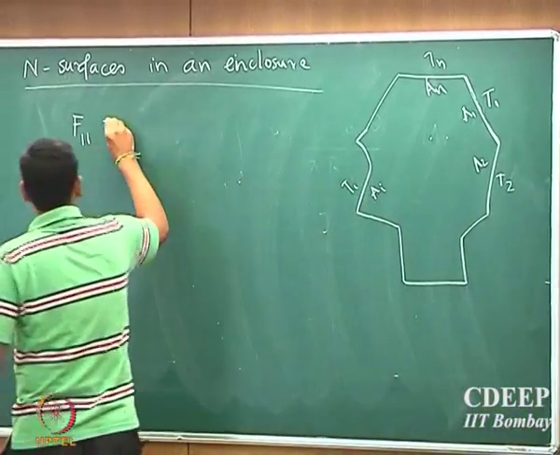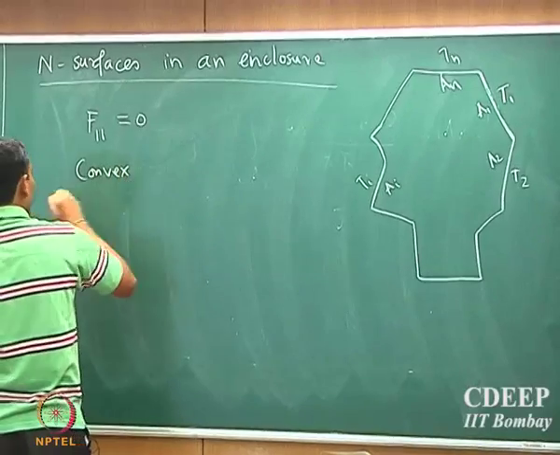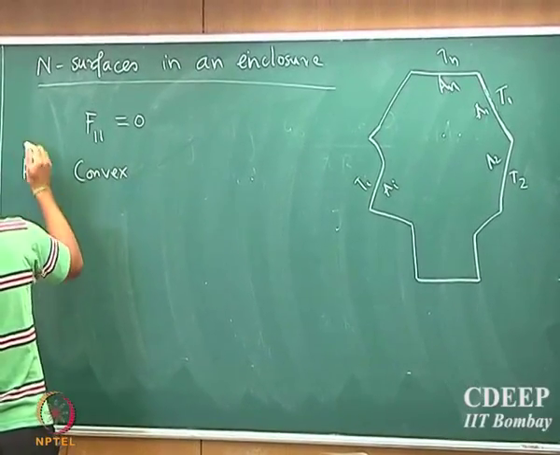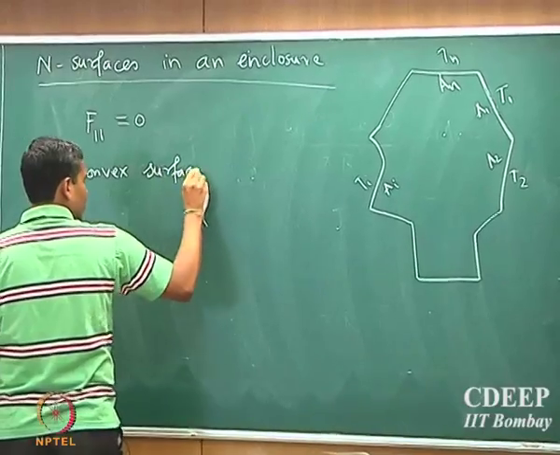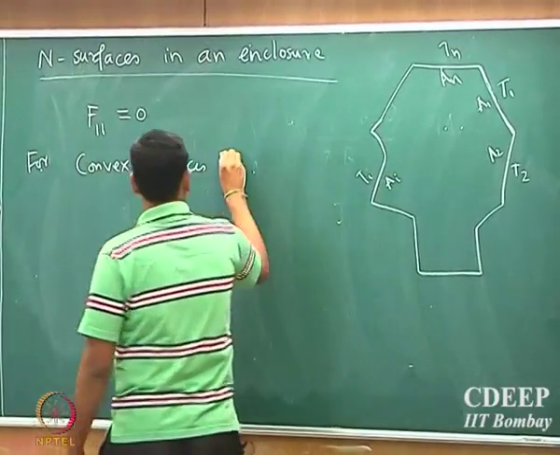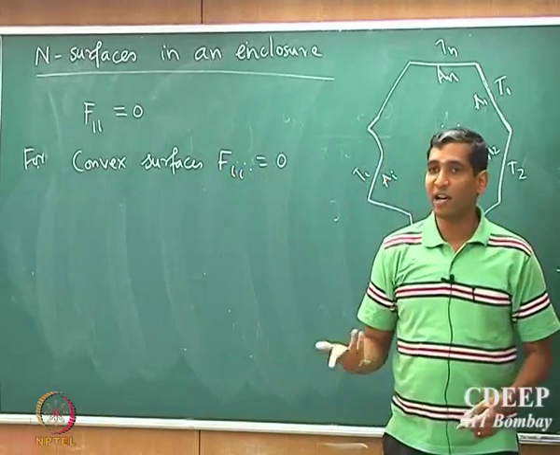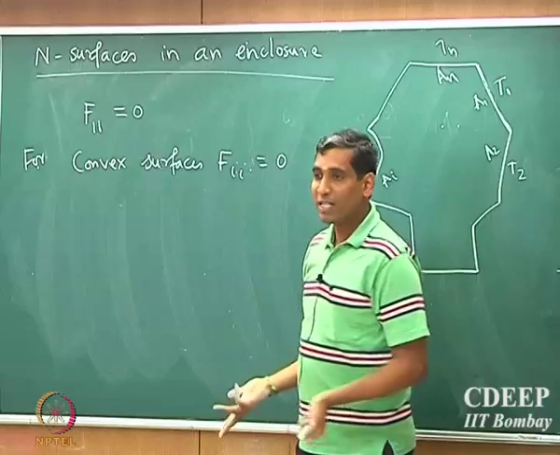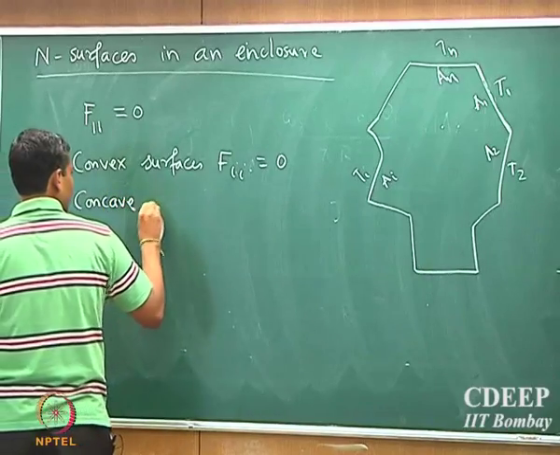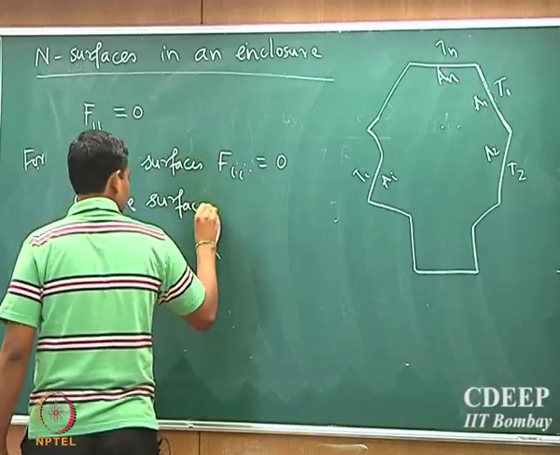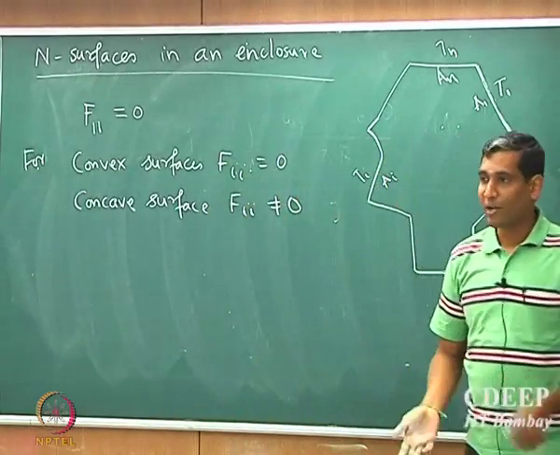So F11 is actually 0, or in general one could say that for all convex surfaces, the view factor of itself is 0. So if i is the tag that I give to the surface, then the view factor to itself is 0, and if it's a concave surface, Fii is not equal to 0. Okay. So that's an important observation.